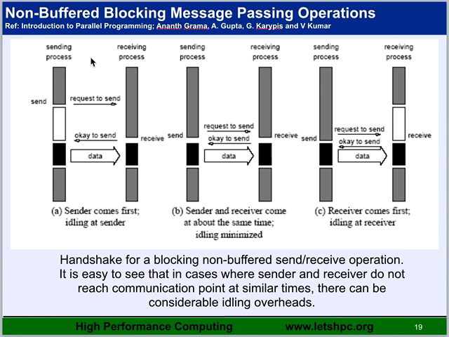If you look at the first diagram, that is A, this is a time axis. From top to bottom, you can take it as time going from 0 to some finite amount of time.